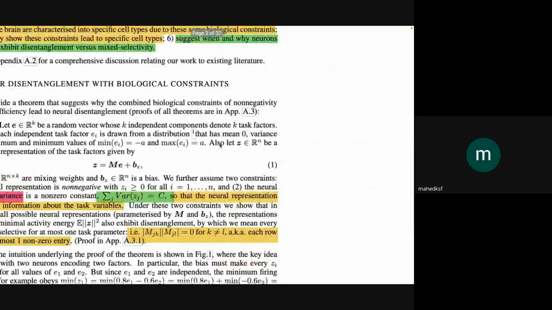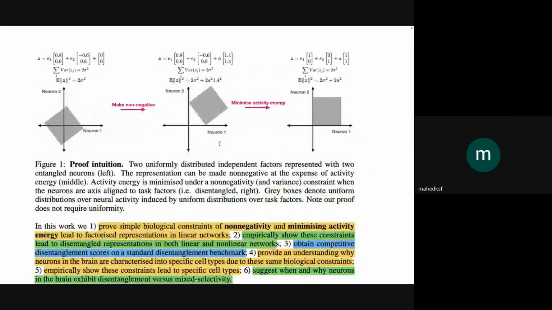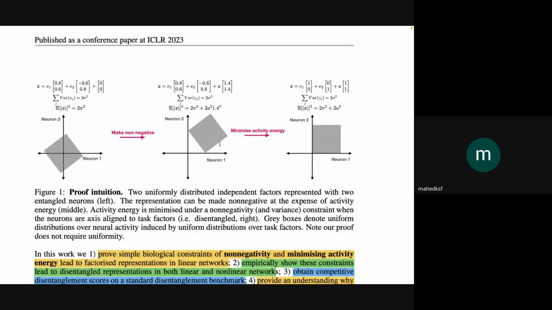Peter, I've got a quick question. Can you hear me? Yeah. I might have understood it incorrectly, but when we say enforce non-negativity, does that mean the overall term, the sum of variance of Zj, should be positive, or the individual matrices associated with those scalars should have positive terms?